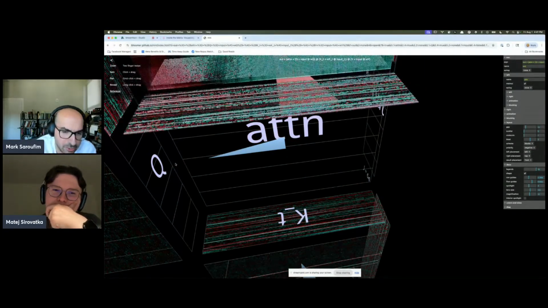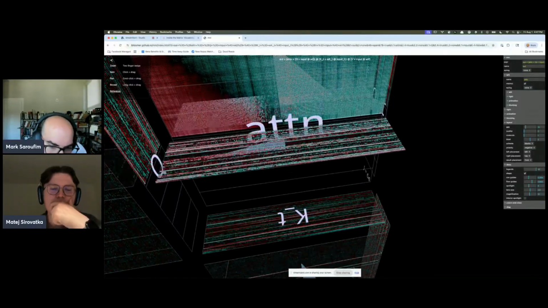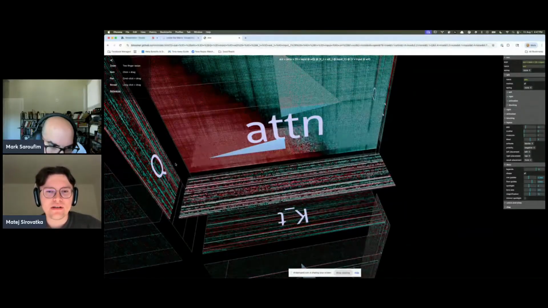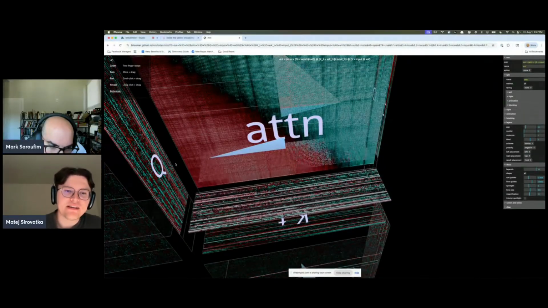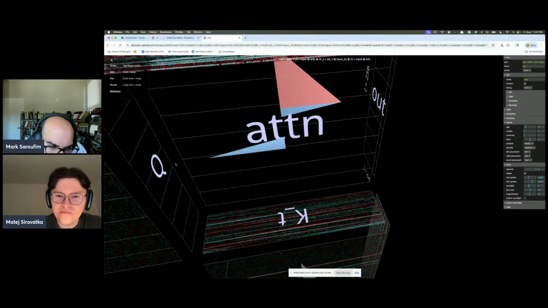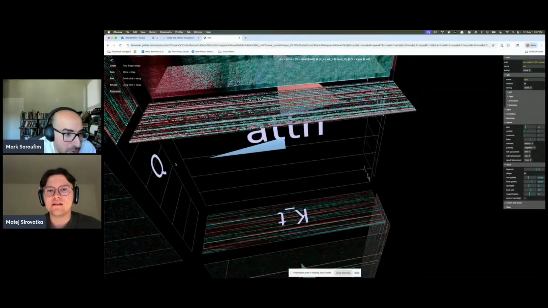So you're saying it has nothing to do with K, it's primarily the pattern in Q? Well, the pattern in Q, this is the interleaving we were talking about. The pattern in Q stays the same for the whole hidden dimension, and in K it changes.